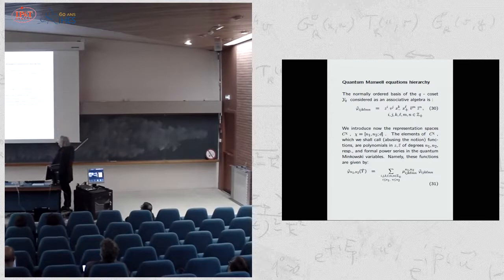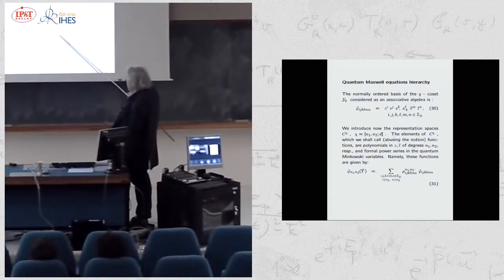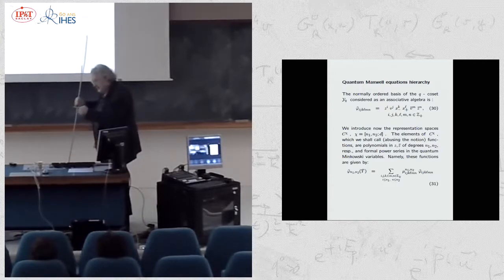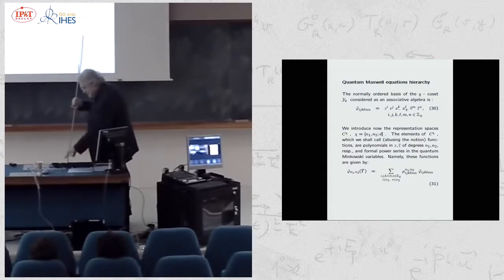So, in a sense, I will call them functions abusing the notion, but these are formal power series in the Minkowski variables. In Z and Z bar, they are polynomials because we are still insisting to work with finite dimensional Q-Lorentz representations, but finite dimensional.